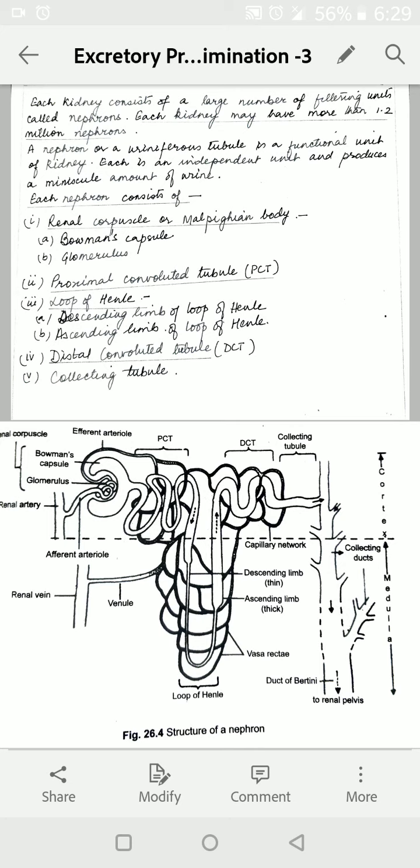So the blood is returned into the renal vein. The renal artery brings blood, and the blood is sent back into the renal vein.